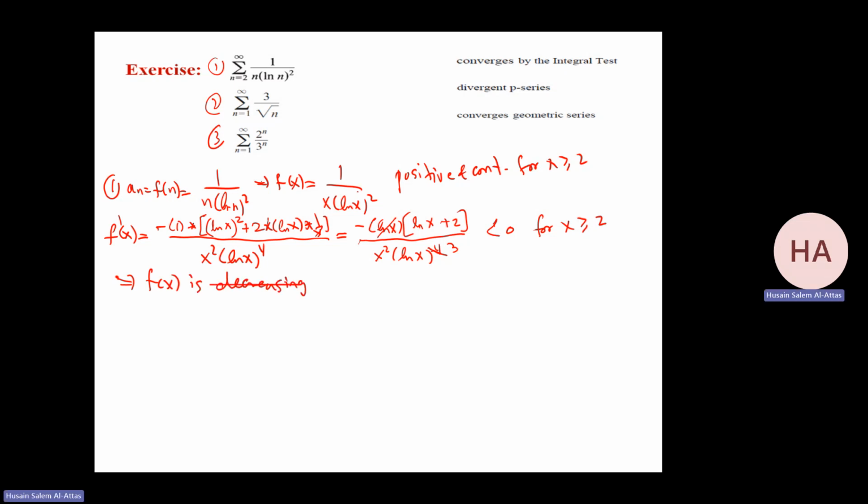So all the conditions of the integral test are satisfied. So now we need to check the integral from 2 to infinity. Or let me say here, conditions of the integral test are satisfied, or met.